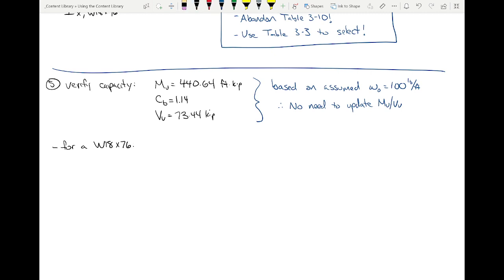Remember, Table 3-2 has got all the money in terms of analysis. So help me out with something. What's Lp and Lr equal to? 9.22 and 27.1.